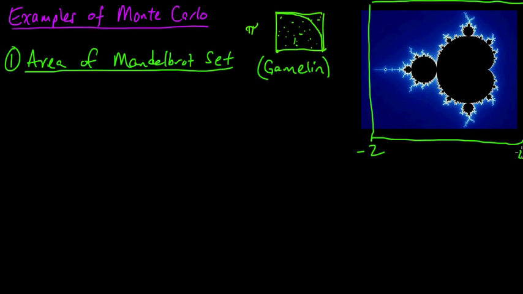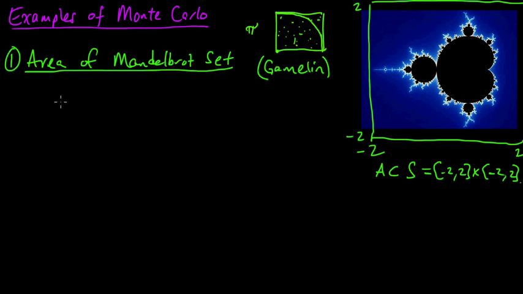I think this is probably not centered correctly, but you get the rough idea. -2 to 2 in each direction, where 0 is somewhere around here. So let's call this square S. S is -2 to 2 cross -2 to 2. And let's call the Mandelbrot set A.